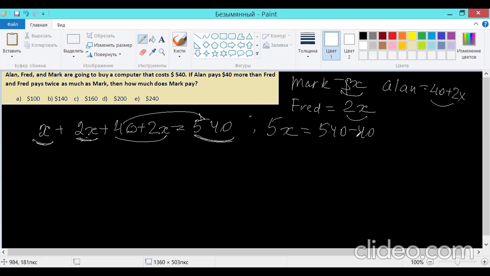So 540 minus 40 gives 500. So I've got 5 times x is equal to 500. I guess it's absolutely clear that x is equal to $100.